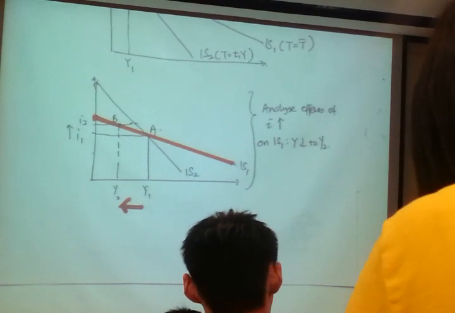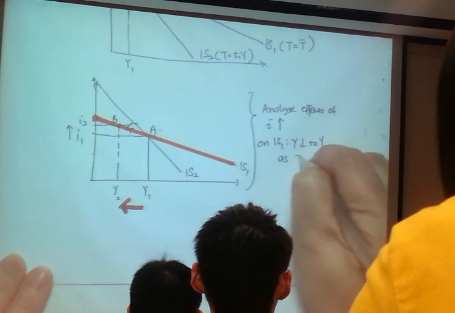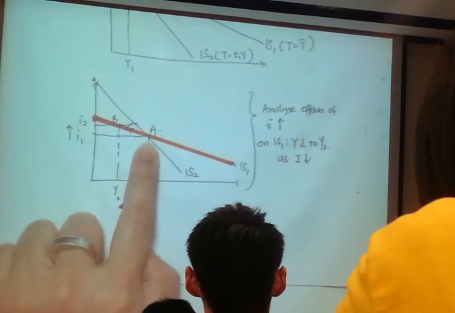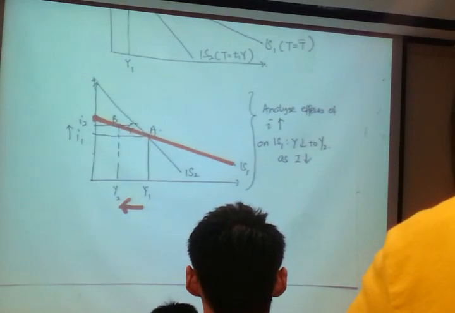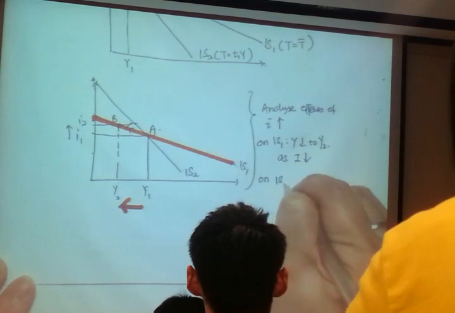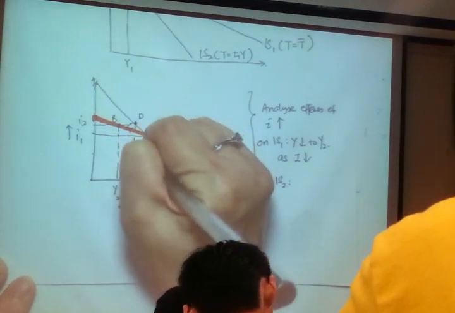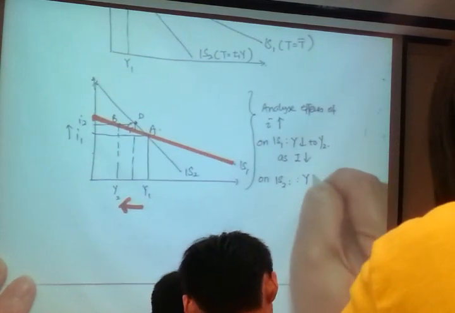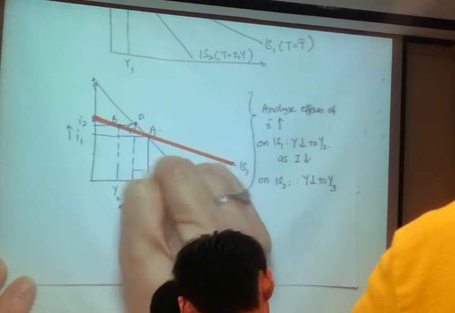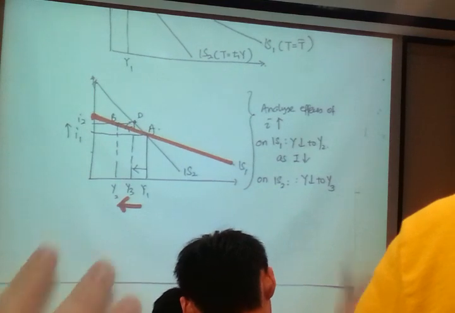So you see carefully, this is where investment drops. Okay, so you travel along A to B. But if now with the same increase in interest rate you are traveling on IS2, you will go to this point, Y3 instead. Okay?